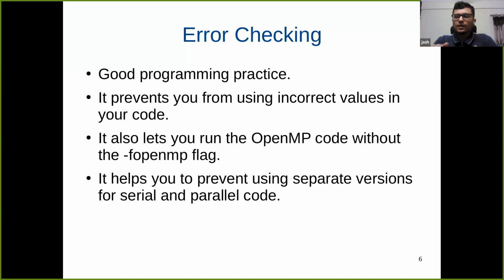You can use the same code as a serial version as well as the parallel version. You don't need to maintain a separate copy for the serial version and another copy for the parallel version. The same code can work as the serial code as well as the parallel code. In this way, you can write more robust code.